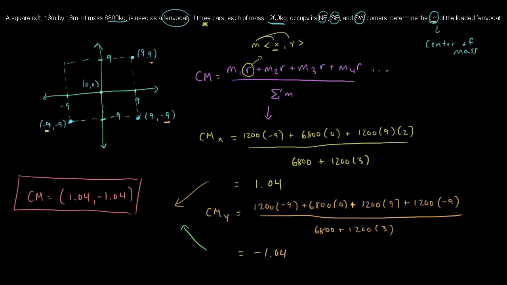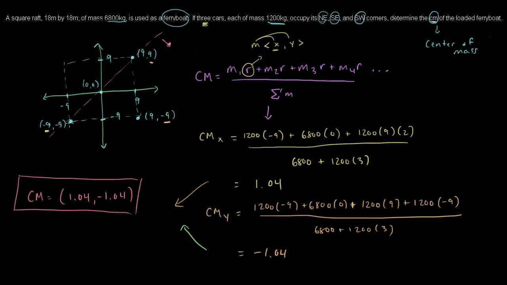Now, the very last thing I like to do is make sure that the answer is logical and check it. For example, if this was my ferry boat and I cut it diagonally, all my masses are on this side. So immediately I should know that my point should be on this side, which it satisfies.